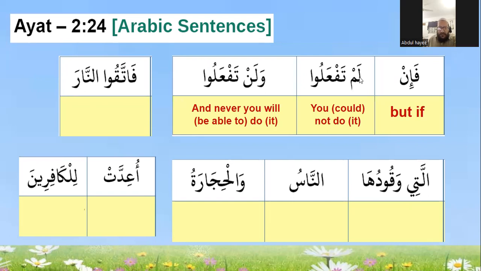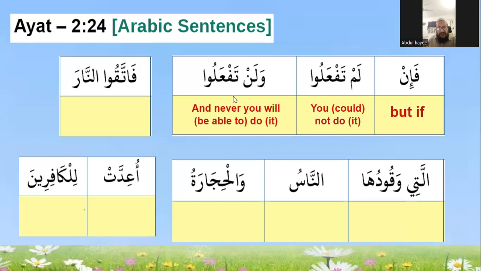Look, lam gives the meaning of not in the past. Lan gives the meaning of not in the future. Okay. And never you will. So this meaning comes from that. Though the taf'alu is the same, here the lam has taken the translation into the past.